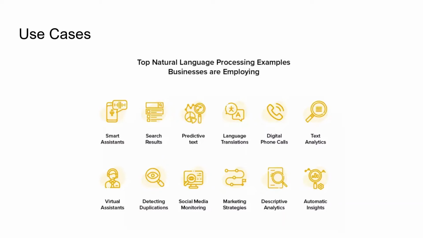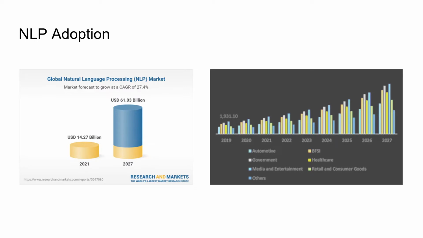Now, moving forward, let's talk about adoption of NLP in the market. As per this data, we can see that NLP is having a market size of 14.27 billion US dollars as of 2021, and it is expected to grow at a CAGR, compound annual growth rate, of 27.4% by 2027, reaching 61.03 billion US dollars.